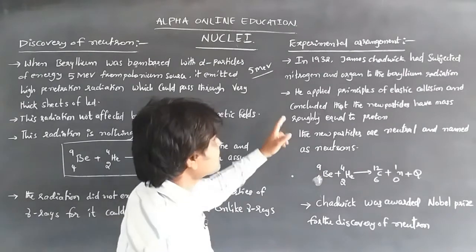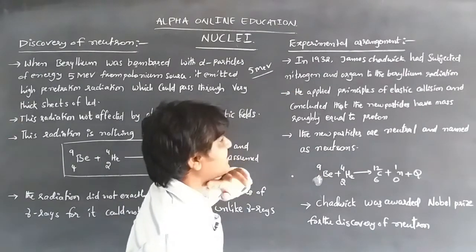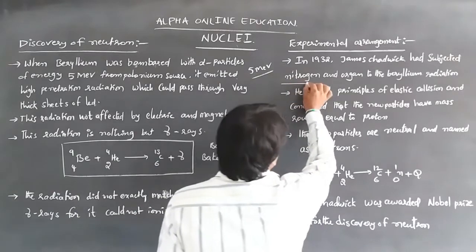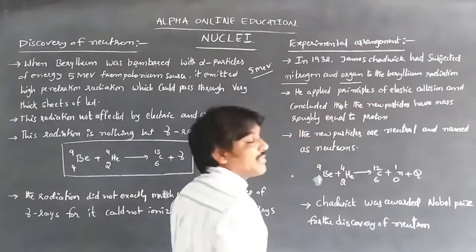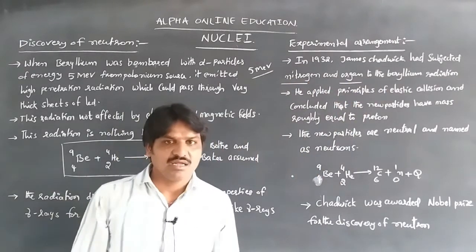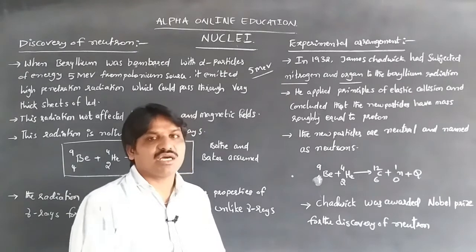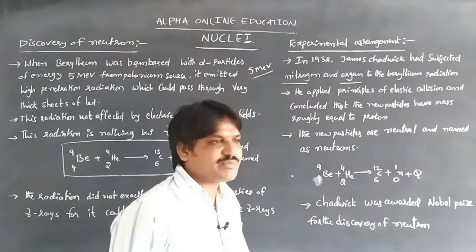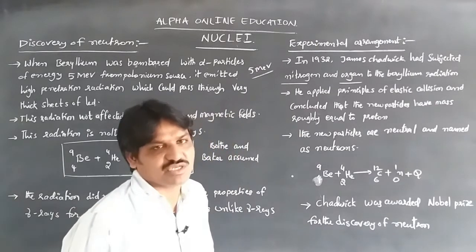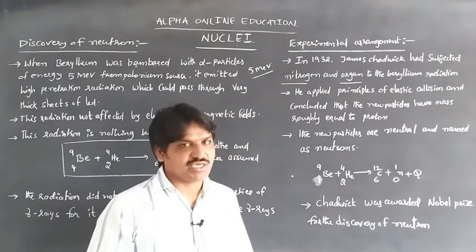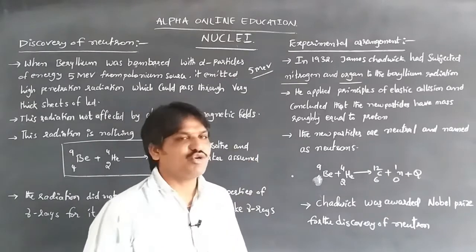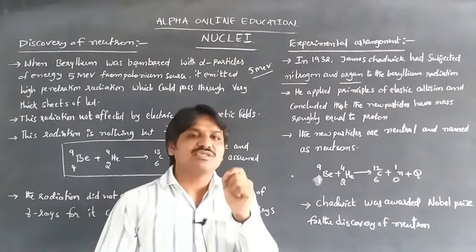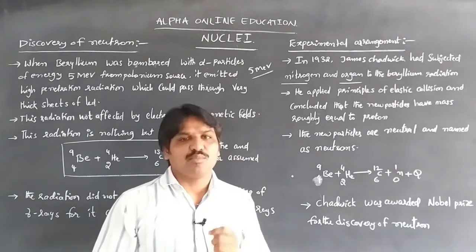In 1932 James Chadwick subjected nitrogen and argon to the beryllium radiation. He applied the principles of elastic collision and concluded that the new particles have a mass roughly equal to the proton.